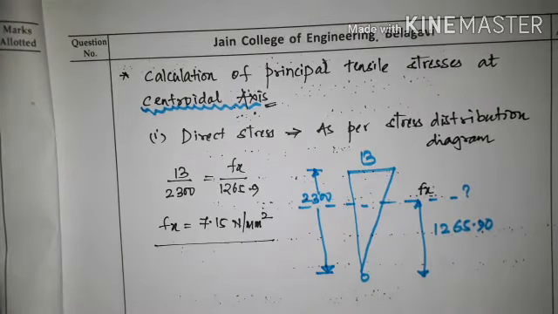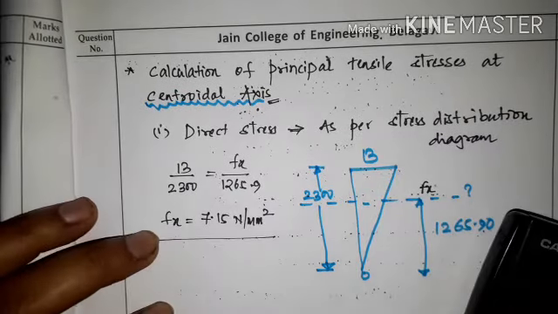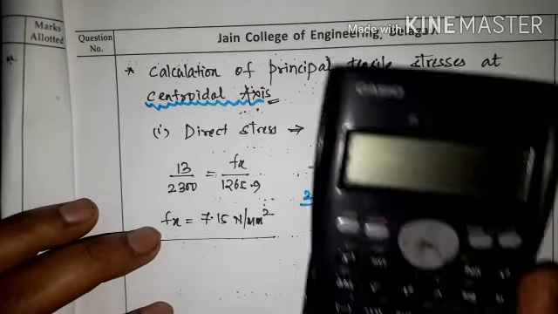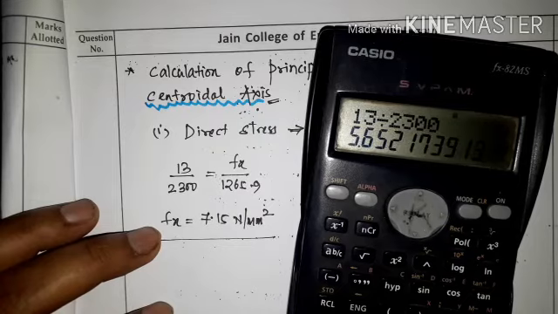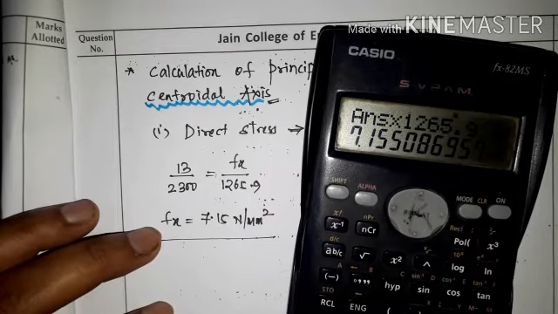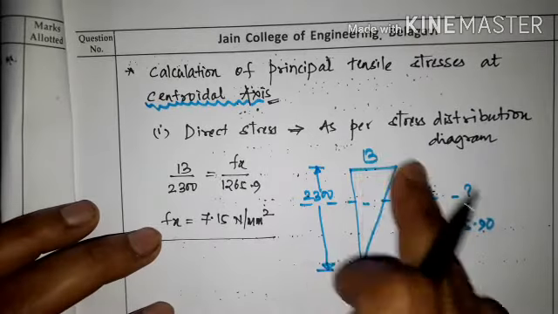So we'll just check. Okay, we got Fx is equal to 7.15 Newton per mm square. Understood? So by using this stress distribution diagram.